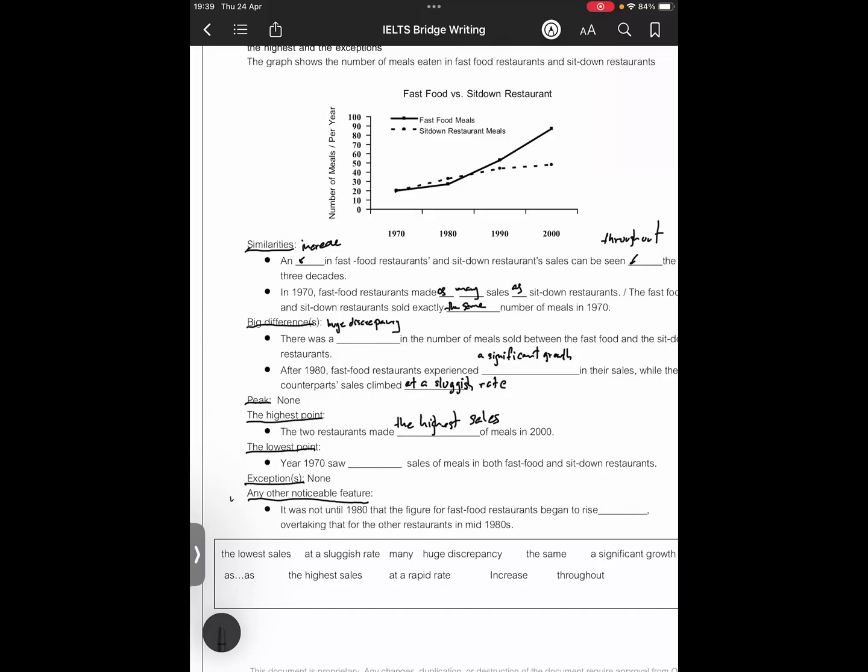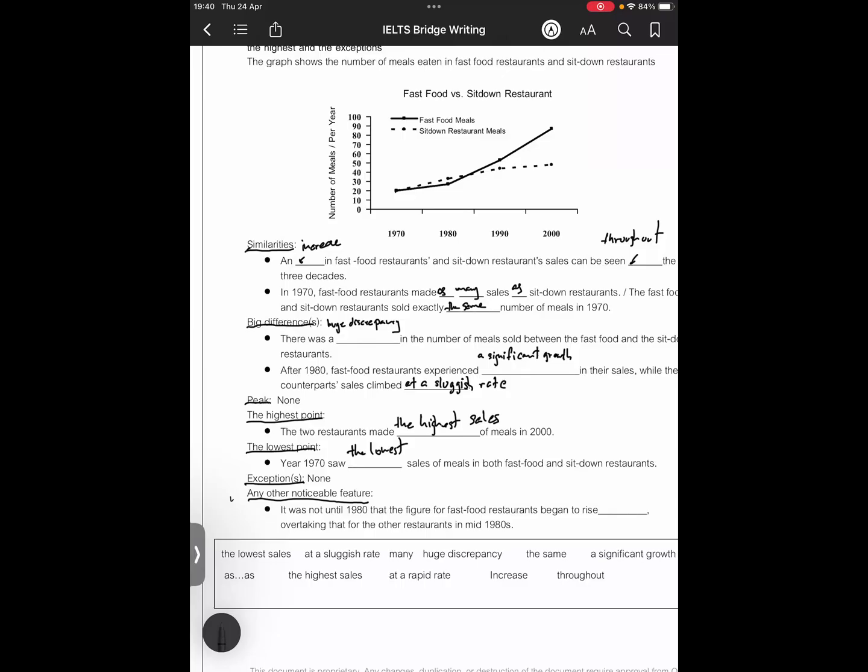Next, the lowest point. So the year 90 saw what? Year 90 saw the lowest sales of meals in both fast food and sit-down restaurants.